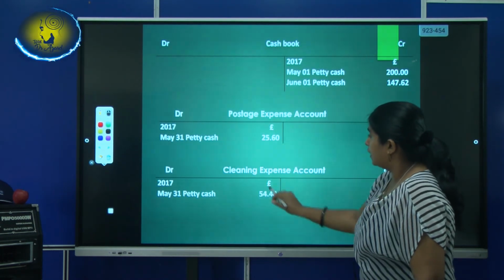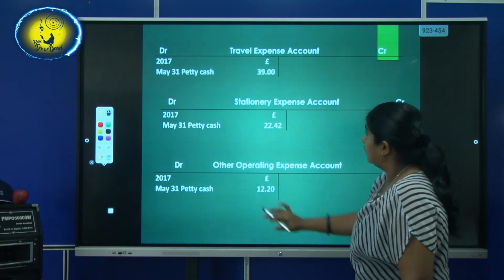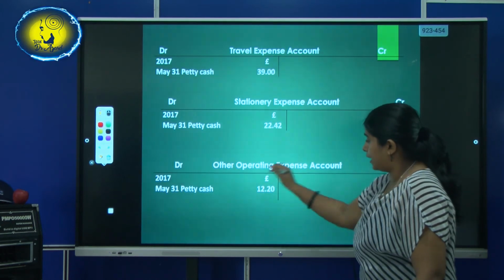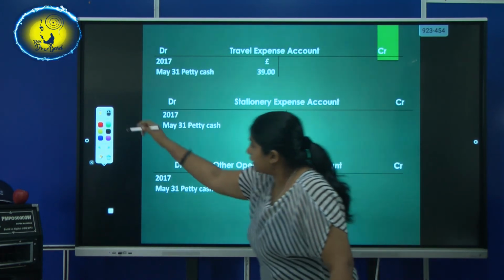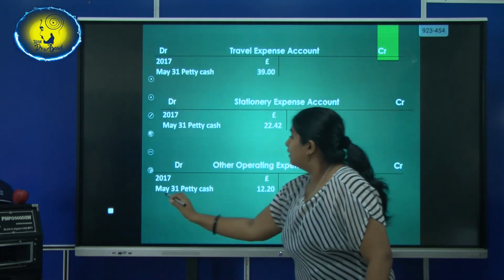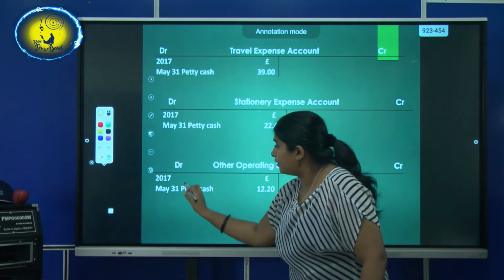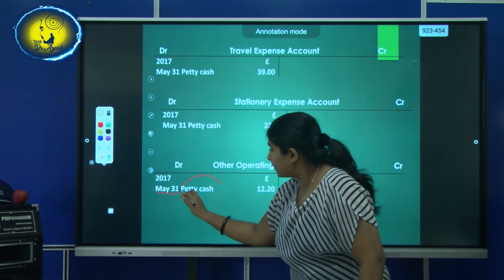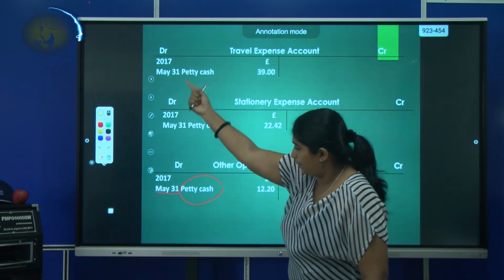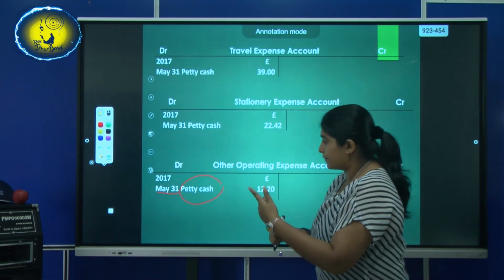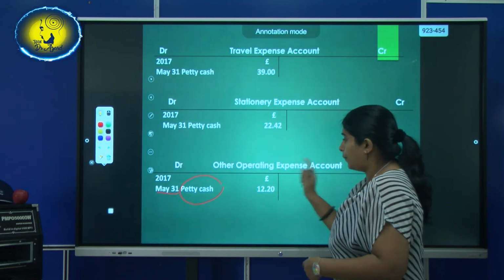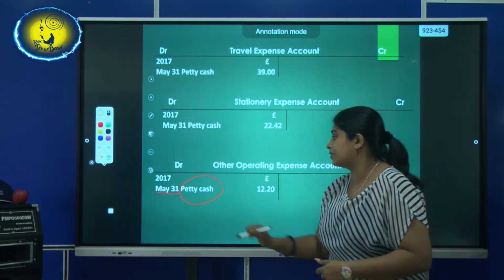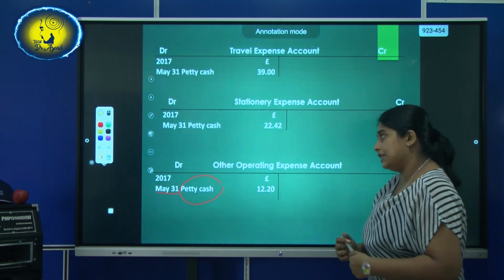We have postage, cleaning expense, travel expense, stationery and other operating expenses. And when you are writing, children, make sure you write the date at the very end. That means this is the month of May, May 31st. As description, the credit entry is there in the petty cash, so you have to exchange the names. In the petty cash, you wrote other operating expenses. Then in other operating expenses, you have to mention petty cash as your detail.